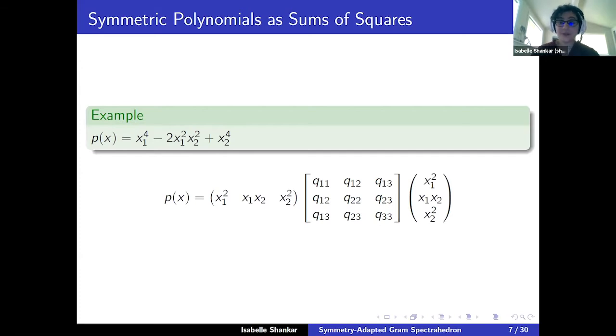If I wanted to write this as a sum of squares, the earlier theory tells us that we would write our polynomial P in this form, right? We need to find some 3 by 3 Q matrix that's positive semi-definite such that this equation holds. Here's my monomial vector of all degree 2 polynomials in two variables. It's a symmetric matrix, so there's 6 variables, but if we restrict to the fixed point subspace, so if we have it commute with that matrix representation I showed a minute ago, we find that Q11 and Q33 have to be equal, and Q12 and Q23 are equal.